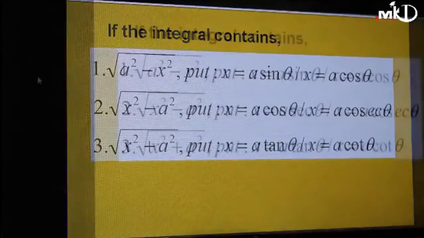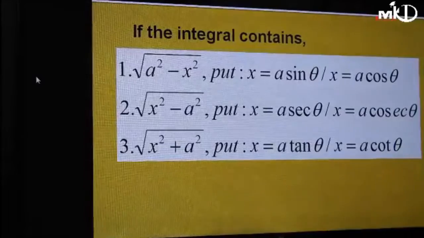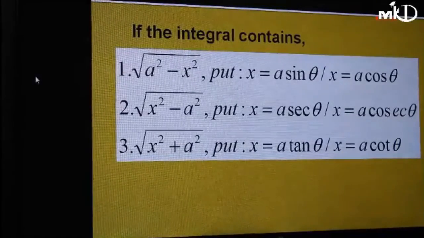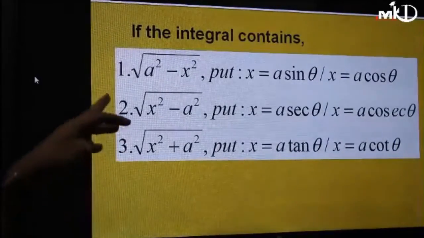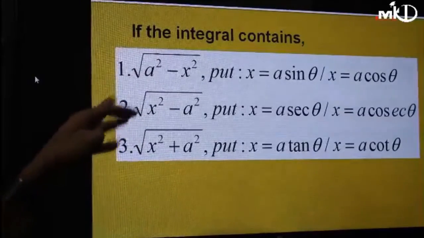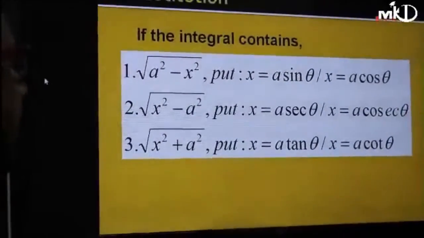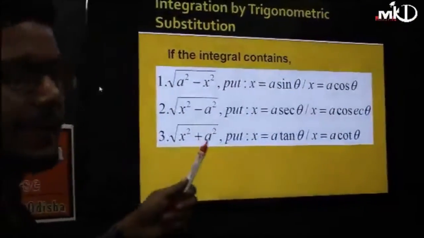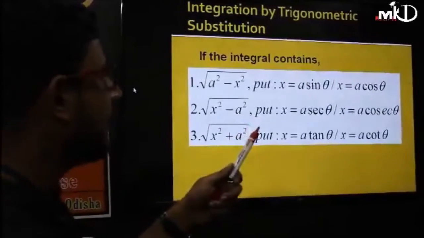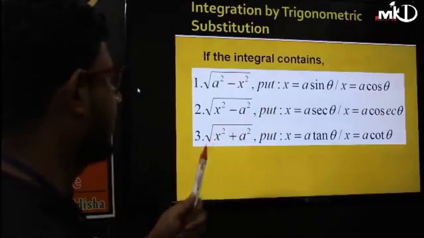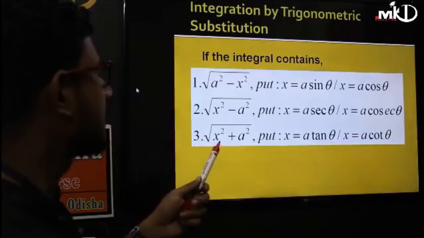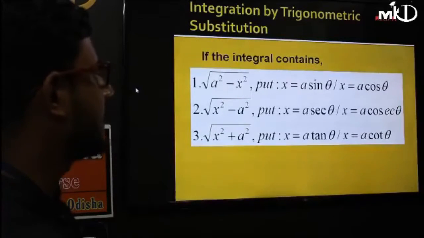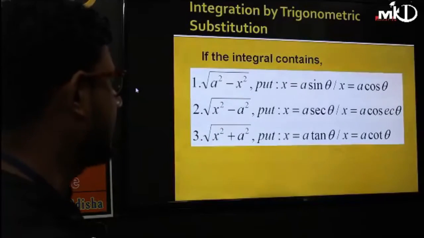Let's see some examples. When the integral contains terms like square root of a square minus x square, we generally replace x by a sin theta or x by a cos theta. When it contains terms like root of x square minus a square, we replace x by a sec theta or x by a cosec theta.